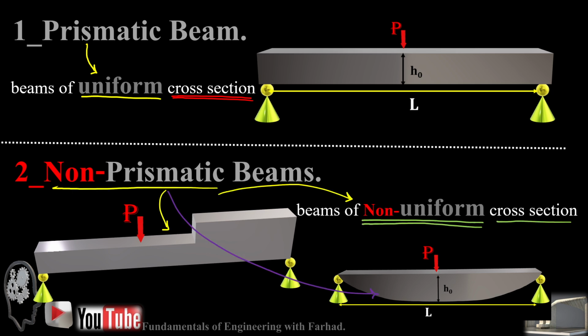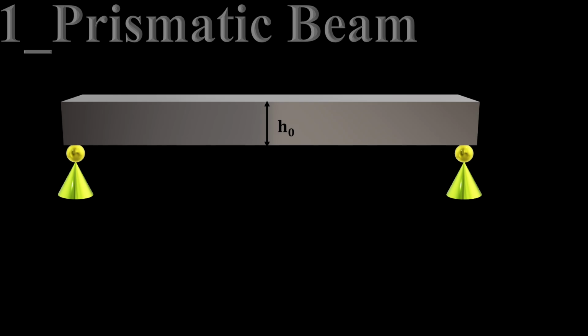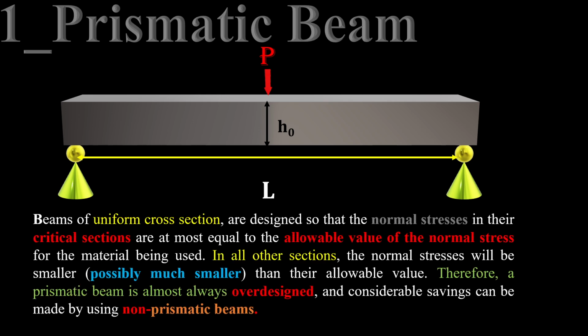Now let's talk about the considerations for the design of a prismatic and non-prismatic beam. Why do we need non-prismatic beams? If you consider a beam, most prismatic beams are over designed, and the reason is that beams of uniform cross sections are designed in such a way that the normal stress in their critical sections is smaller than the allowable value of the normal stress.